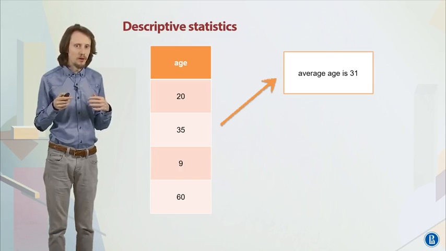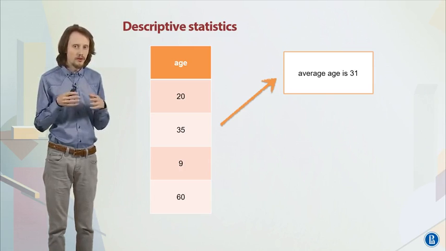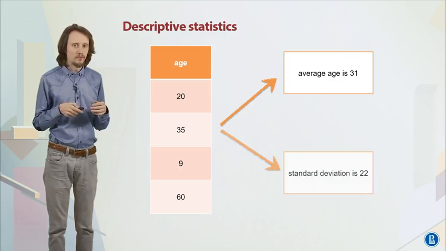For example, we may also be interested in measures of statistical dispersion, measures of how different our values are. Are all of them near the average value, or is there a wide range of values?